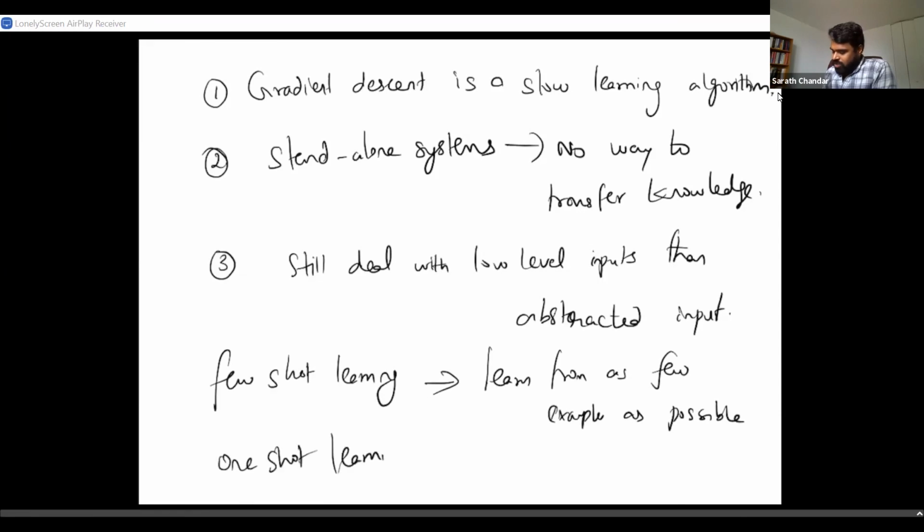In the case of one shot learning, I want to learn a task from only one example. An even more extreme case is zero shot learning, where I want to do a task without seeing any example.